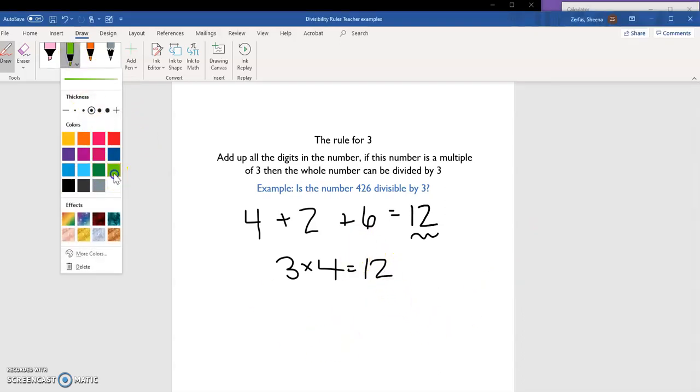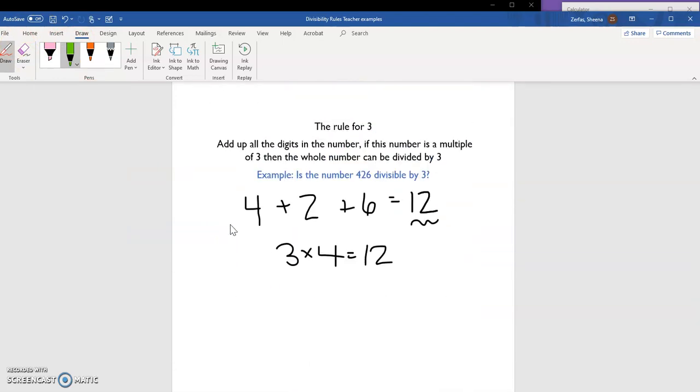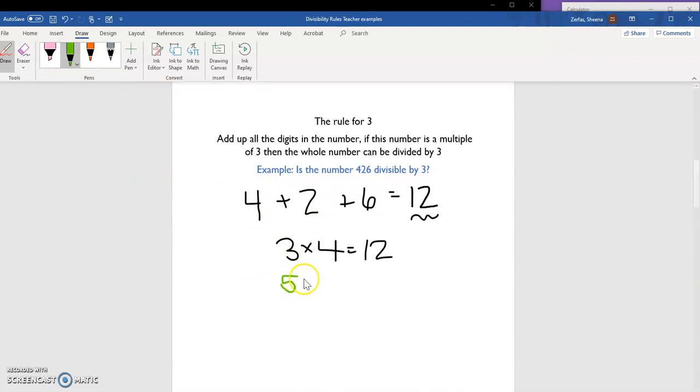Let's see what this would look like for another number. Say I was doing 508. I would add 5 plus 0 plus 8, which equals 13. 13 is not a multiple of 3. 3 times something does not evenly give us 13.